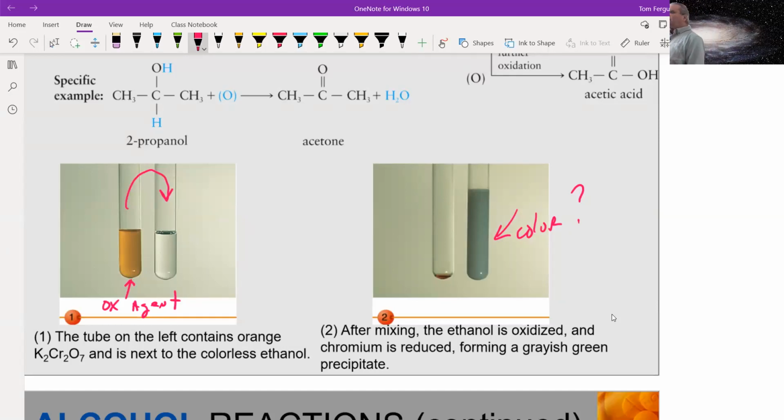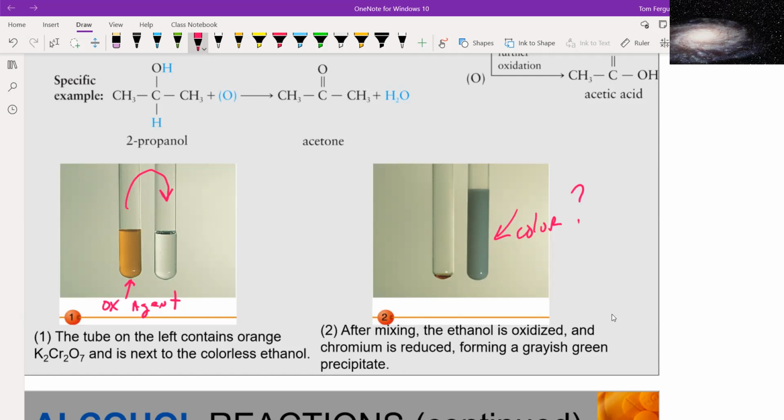Okay, so we're going to take that oxidizing agent and dump it into our container that contains an alcohol. Now, in this case, it says it's ethanol, so it's a primary alcohol. Primary alcohols can be oxidized. If they can be oxidized, that means the oxidizing agent has to change in some way. In this case, it's a change in color.